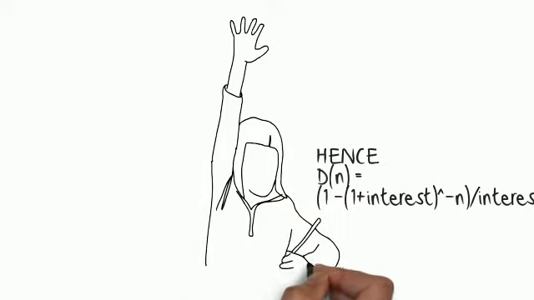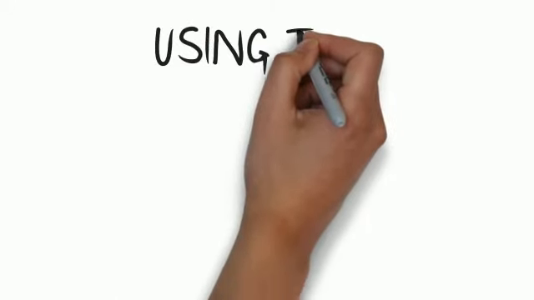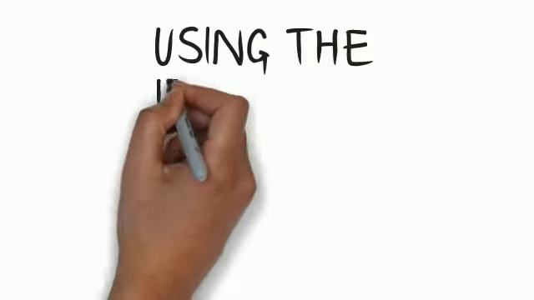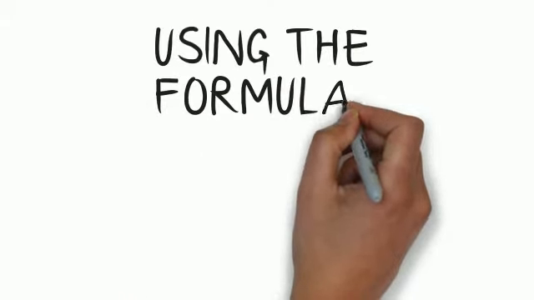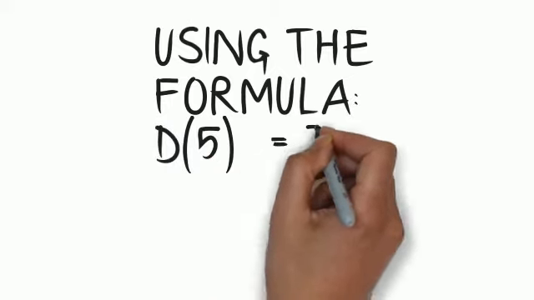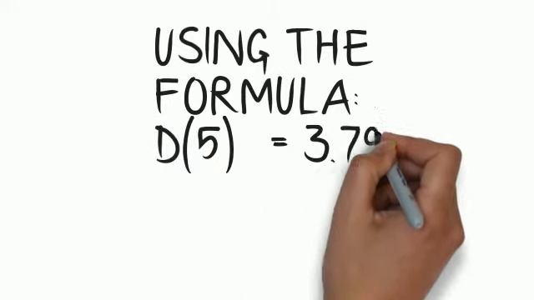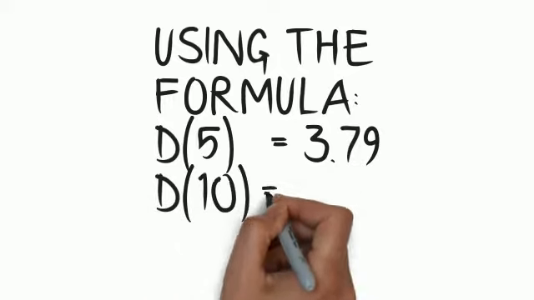It looks like a very complicated formula, but it's actually a very simple formula. D of n can be represented in a different way as 1 over the interest minus V of n over the interest. Now, by that formula, we find that D of 5 is equal to $3.79.